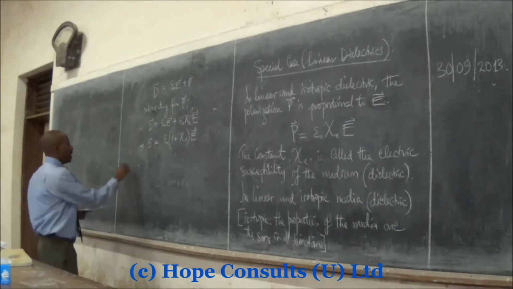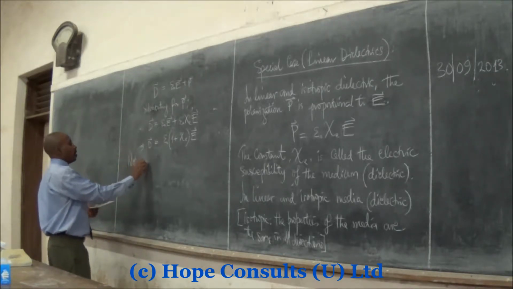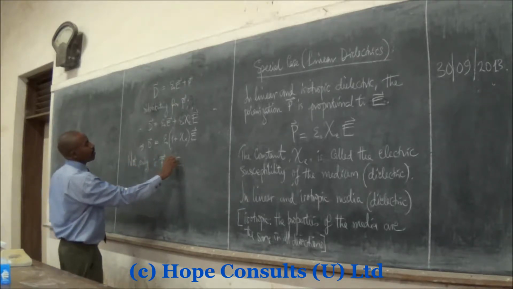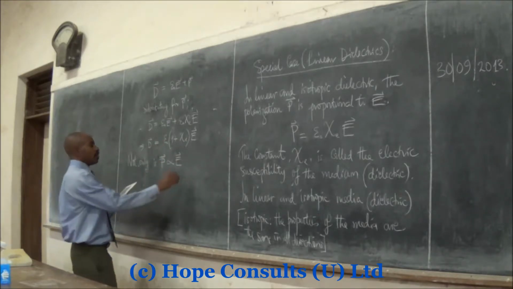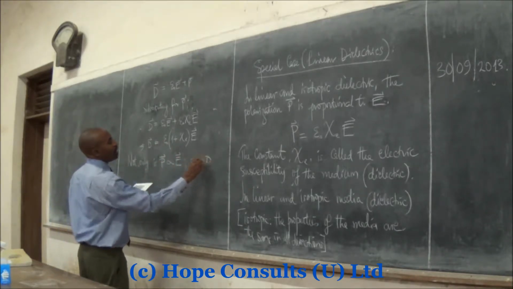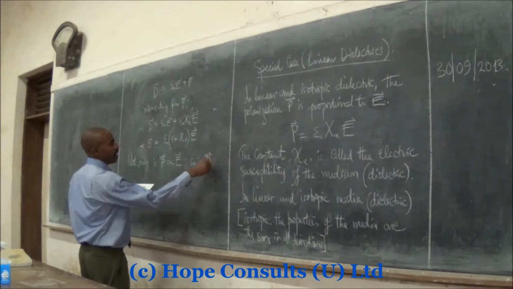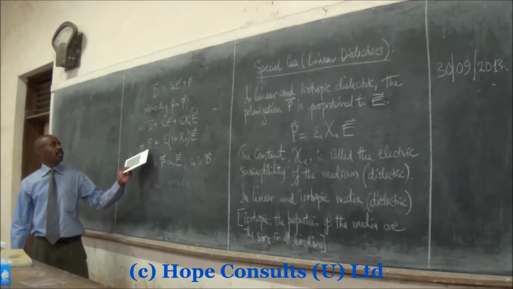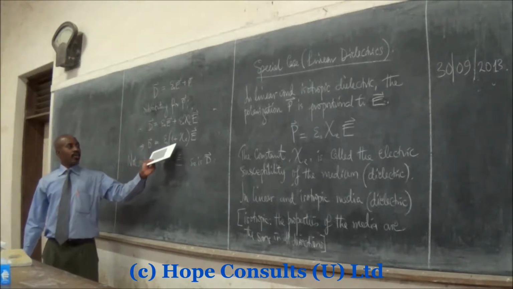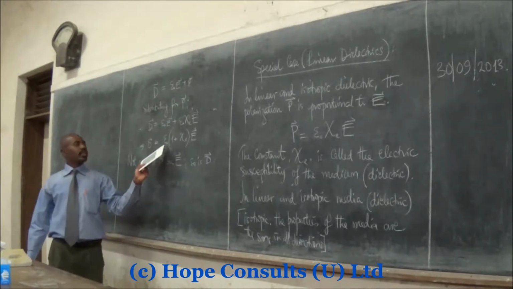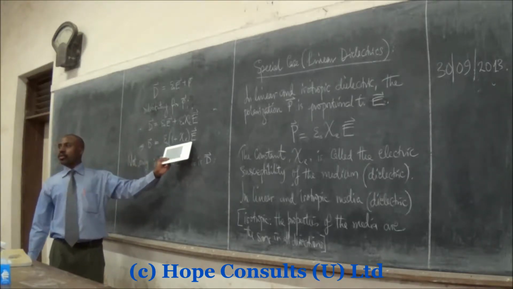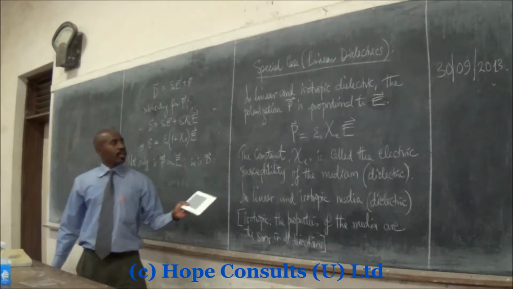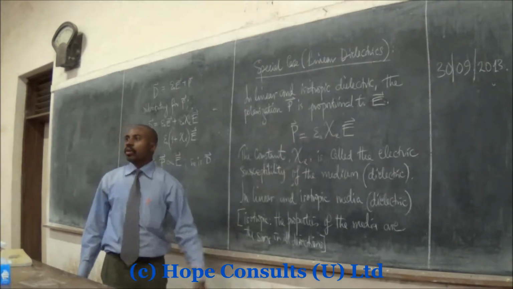So not only is polarization proportional to the electric field applied, so is the electric displacement vector D. Because epsilon naught and 1 plus chi E are all constants, D also is proportional to the applied electric field.